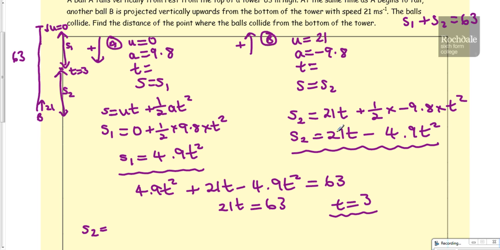So I'm going to sub t equals 3, the time it takes for them to collide, into this second displacement, S2. So we're going to have 21 times 3 minus 4.9 times 3 squared. Substituting that in, it works out to be 18.9 meters, and we should really round that to 2 SF, so that would be 19 meters.